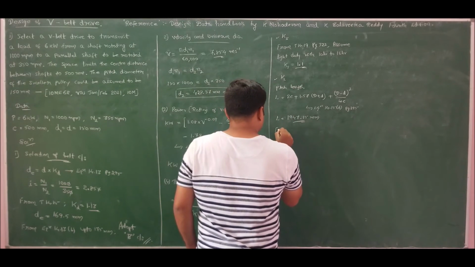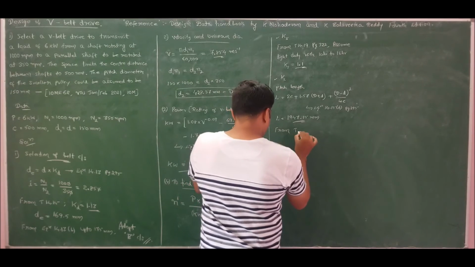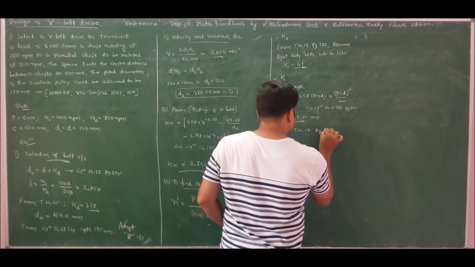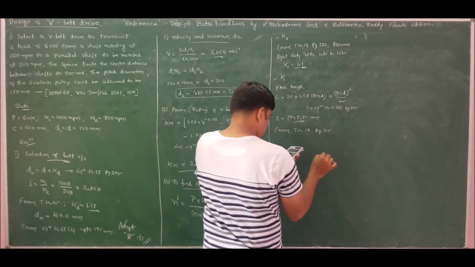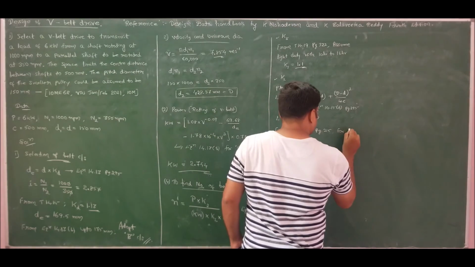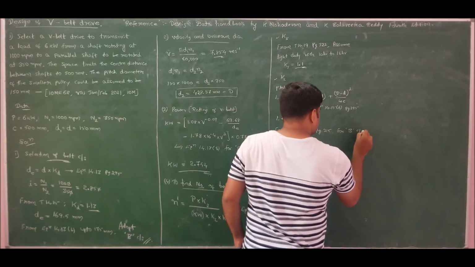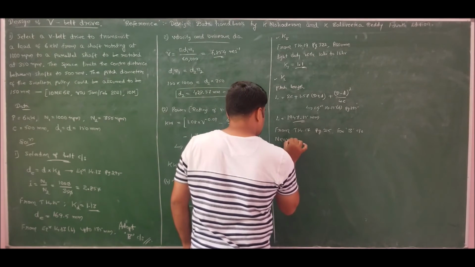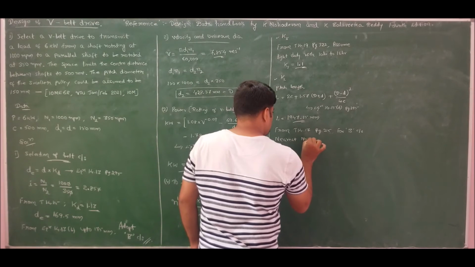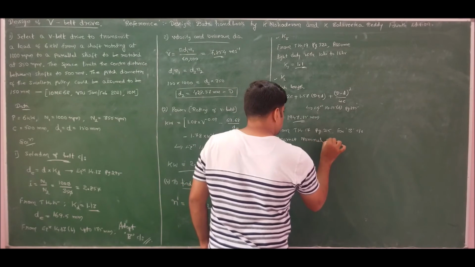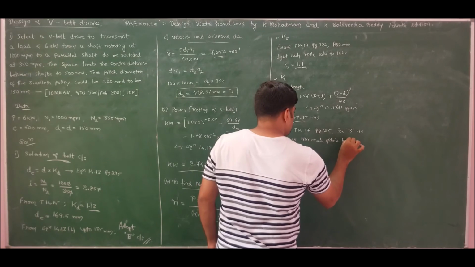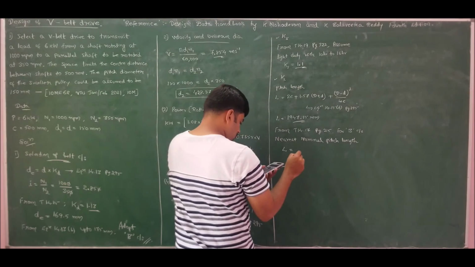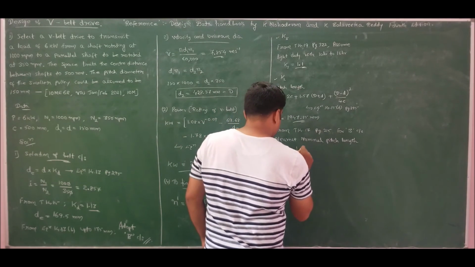So now from table 14.17 referring to page 315 for B cross section, nearest nominal pitch length L is equal to 1948 millimeters.